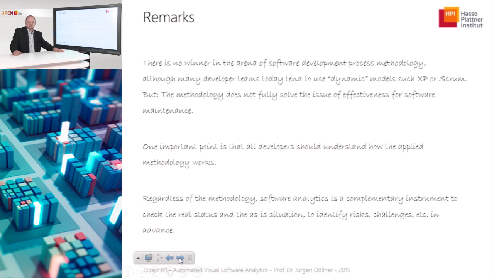To achieve effectiveness, we have to take into consideration many other tools and techniques to speed up the process and to ensure effectiveness. One important point is that all developers should understand how the applied methodology works. If developers, if stakeholders do not understand the theoretical model, then it will be extremely hard to achieve effectiveness.